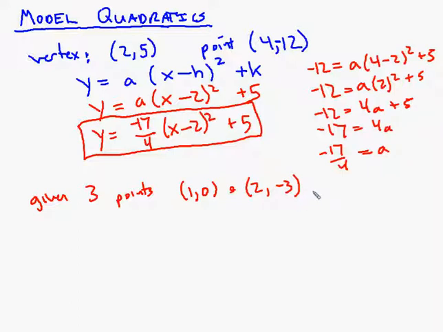I mean, one of these might be a vertex, they might not, I just don't know. But I know that these 3 points are on my parabola. When this happens, I cannot use vertex form. When this happens, I must use standard form.